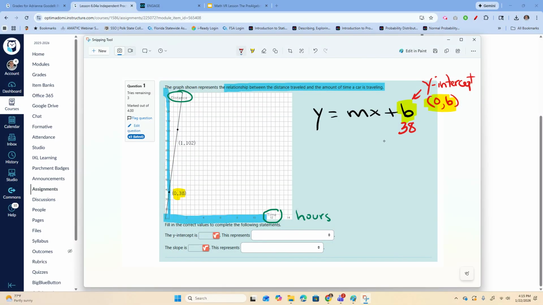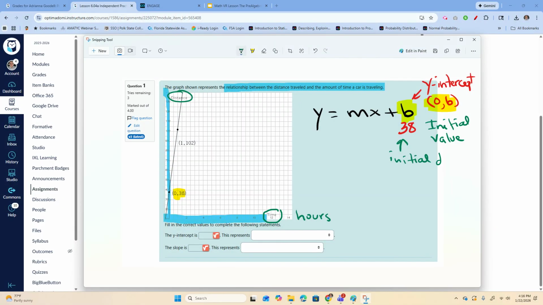Now, what does the b mean in real life? In real life, b stands for the initial amount, the initial value, how much you started with, the starting value. So 38, since it's on the y-axis, is the initial distance of the car.